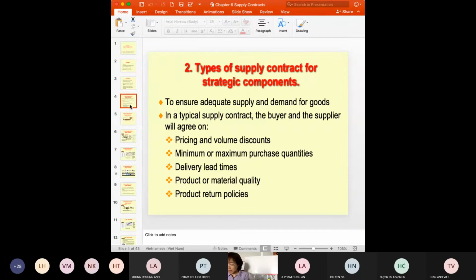So that is several things when we sign the contract between the supplier and buyer. They focus on 6 elements like this.